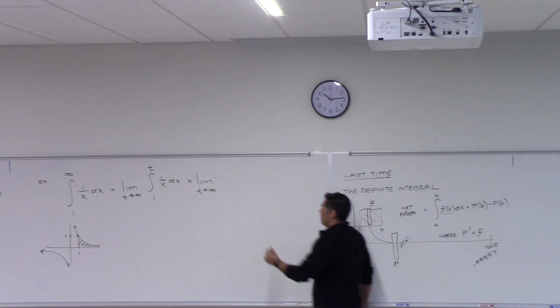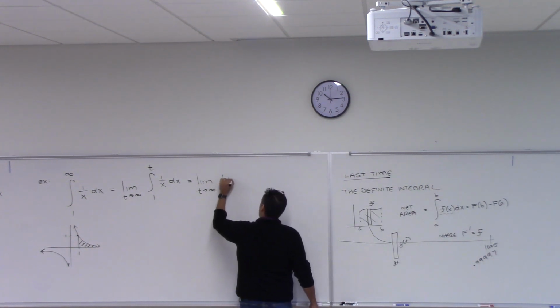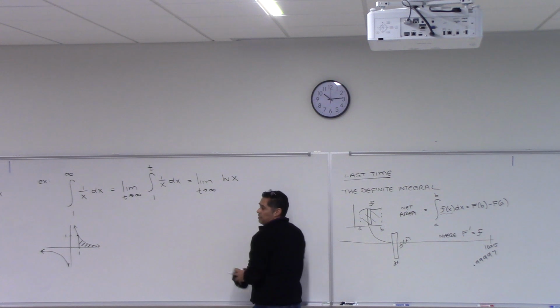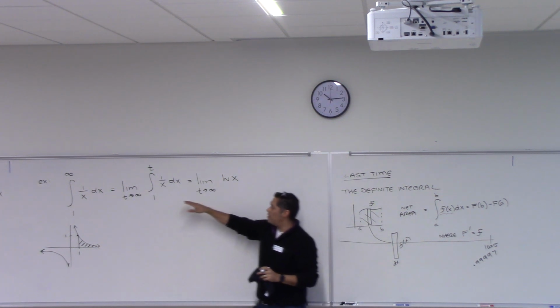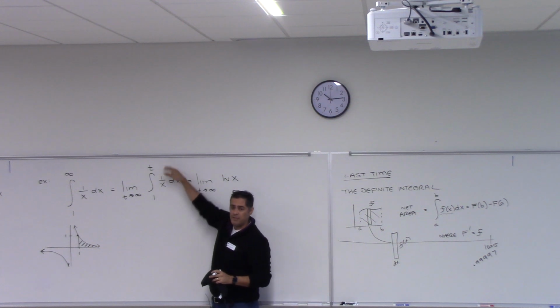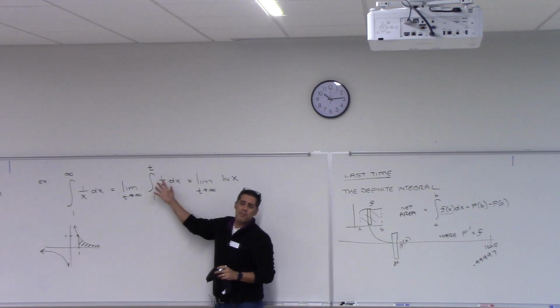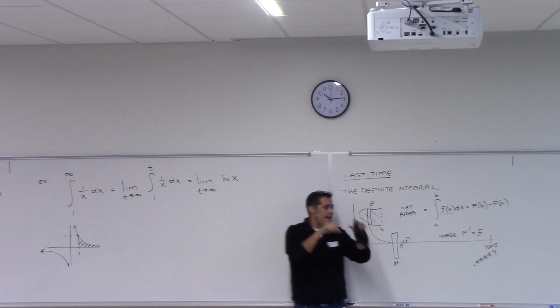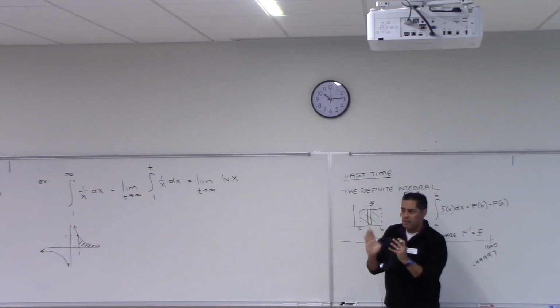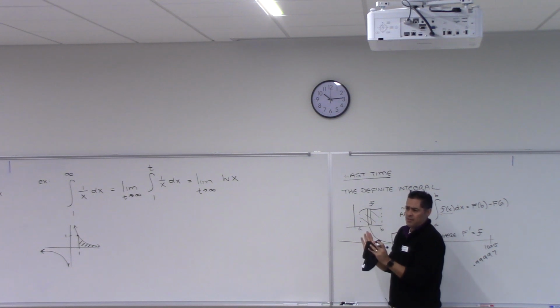Now, I'm not going to put absolute value on x, because I'm looking at the interval from 1 to infinity, 1 to t. These are always going to be positive numbers, so I don't need to worry about the absolute value. It wouldn't be wrong to have it, but I just don't need it because the interval I'm looking at is always positive. Make sense?